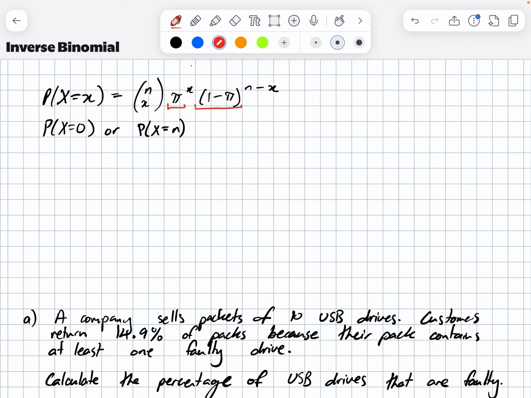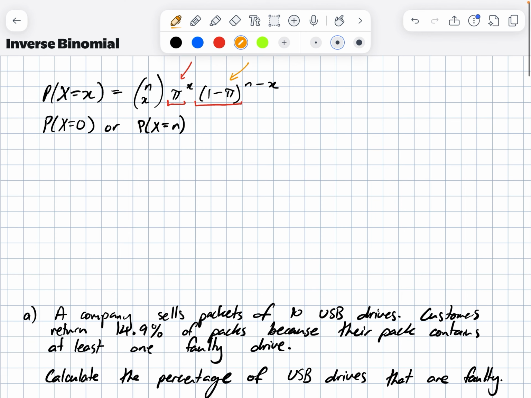However, if x equals 0, then in the first part we have pi to the power 0, which is just 1, and so that whole term will be gone. And if we have x equals n, then in this part we have 1 minus pi all to the power of 0, which will then be gone, and so then we can solve a bit easier.